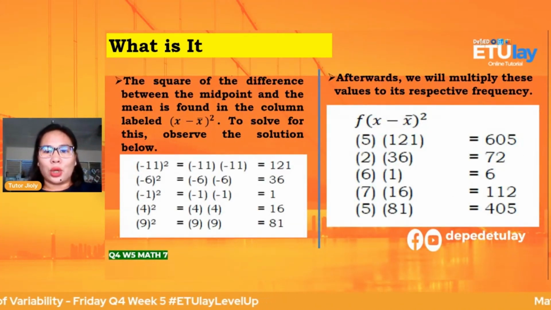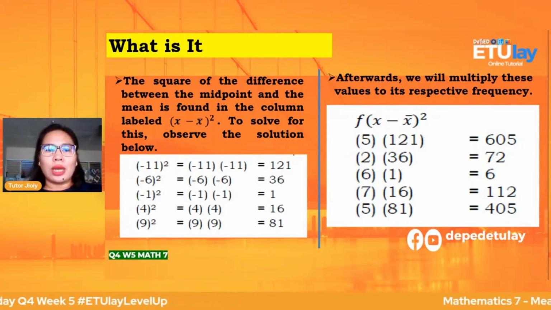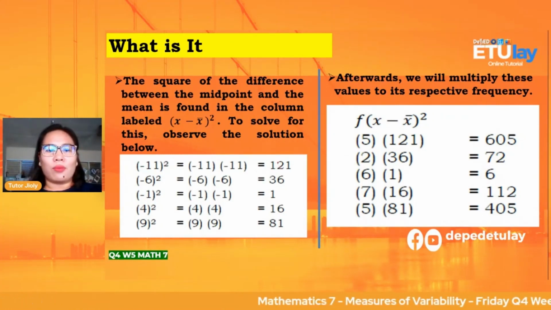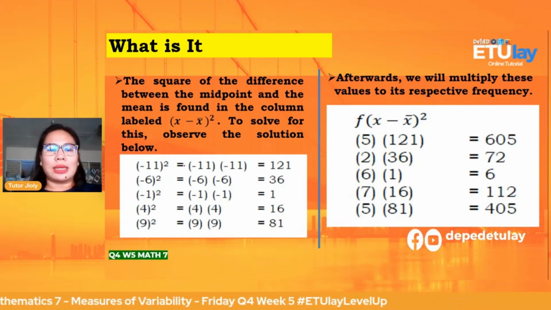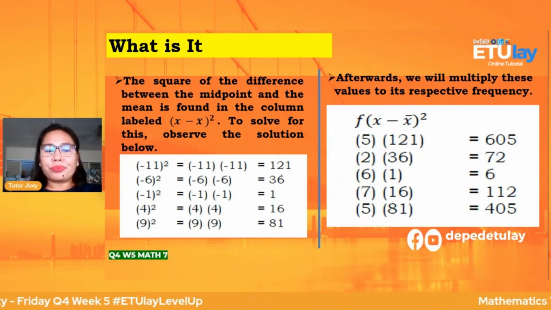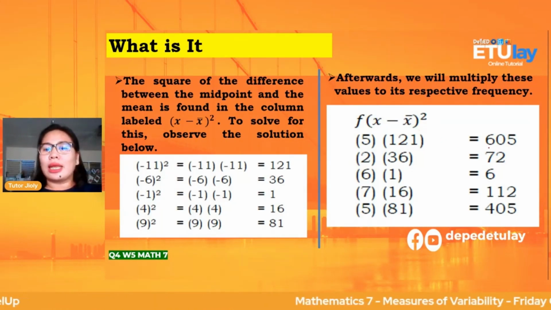I-apply na natin ngayon. So nakuha na natin, na-square na natin. We have 121. Then after that, frequency natin, i-multiply natin dito.